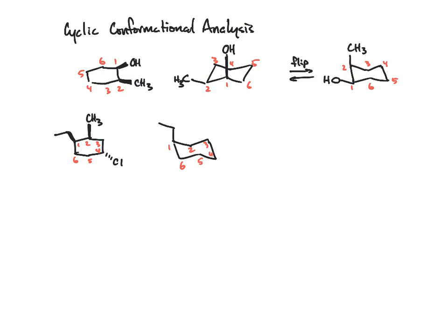Equatorial. Because they have to be on the same face, since we see that there's cis there. Carbon 4, the chlorine is down relative to the two other substituents. Carbon 4 is down, so the down bond must be what? Axial.